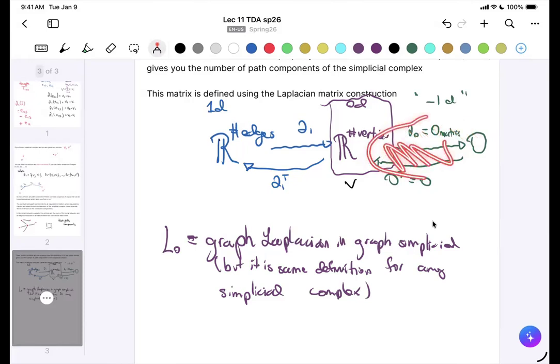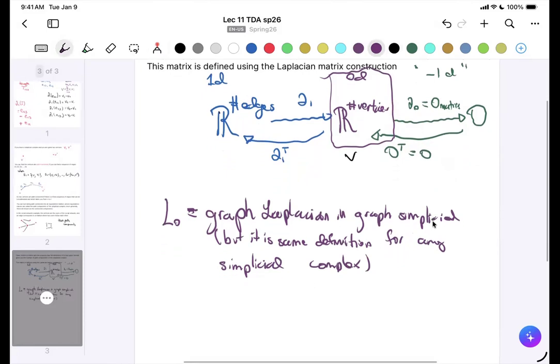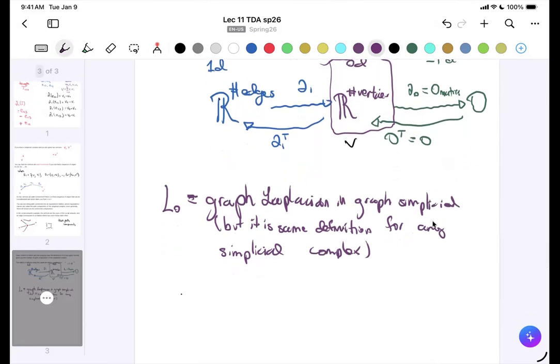Because it involves the zero matrix, there's nothing you really gain out of it, but I'll still write it down so that you see it. That represents a zero matrix, which looks funny.